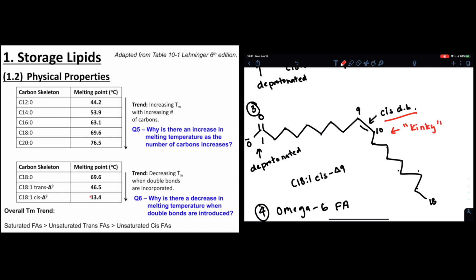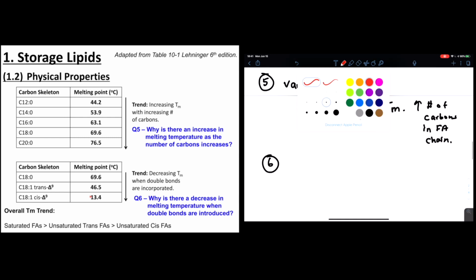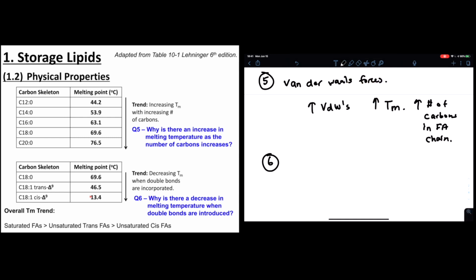It produced a kink in the chain and it's causing it to sort of move away in a different plane. And when you put a bunch of these unsaturated fatty acids together, they're not going to pack very closely together. They're not going to pack as well when you have these kinks in the chain. So that decreases the amount of van der Waals forces, and that's going to decrease the overall melting temperature.